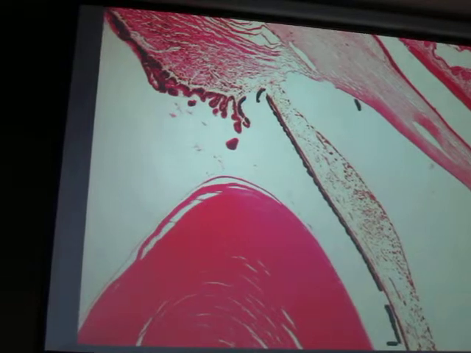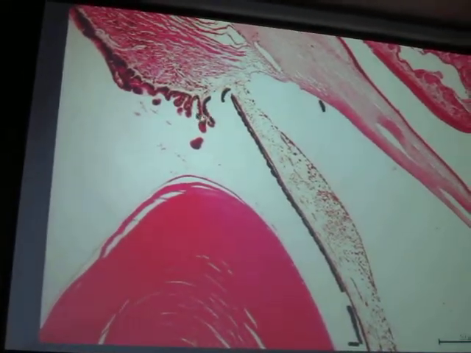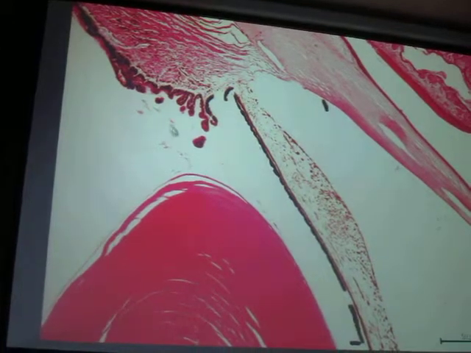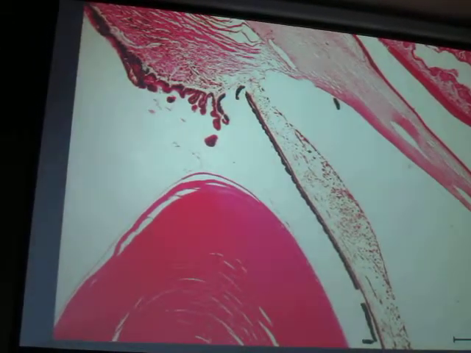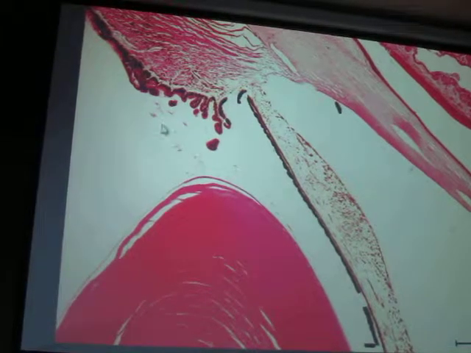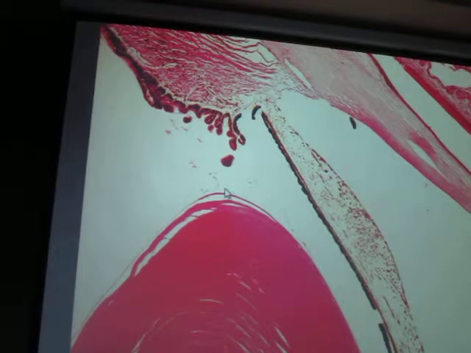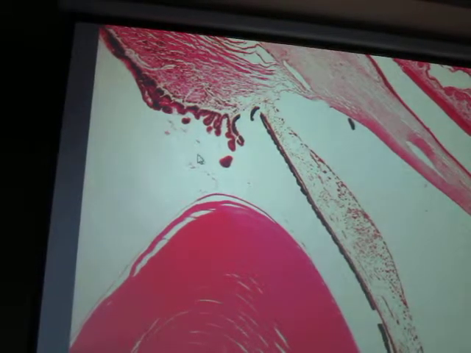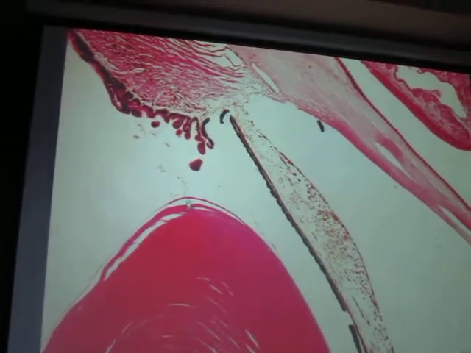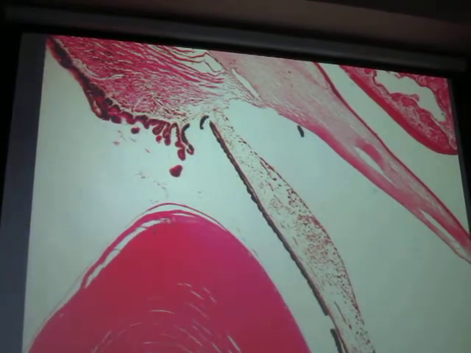Arising from the ciliary body, which I think dissolved during tissue processing, is the suspensory ligament, the ciliary zonule. The ciliary zonule is attached to the capsule of your lens.